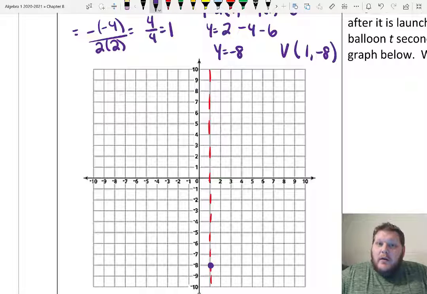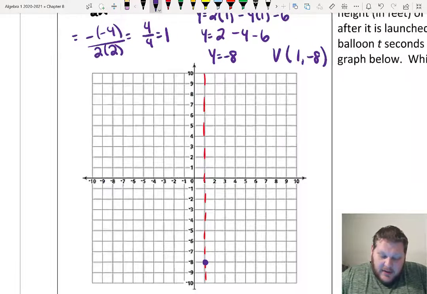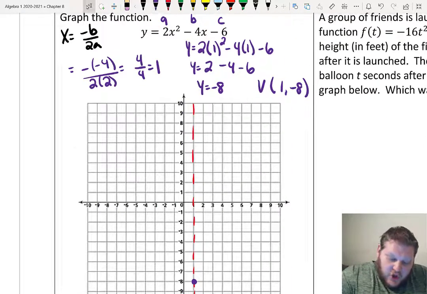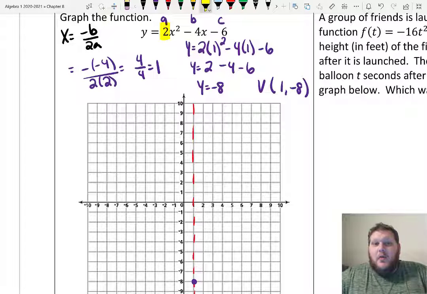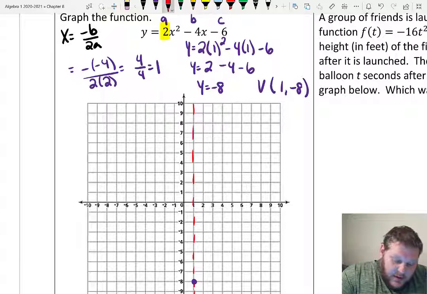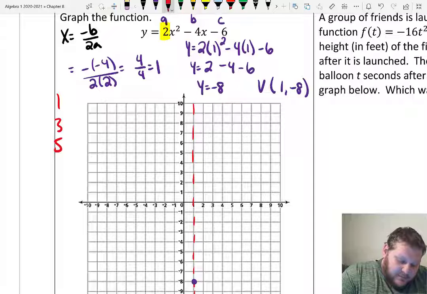From here, I can use that 135 shortcut we learned in the last section. But because I have an A value of positive 2, instead of my 135 shortcut, I'm going to double those numbers. So my 135 gets doubled.